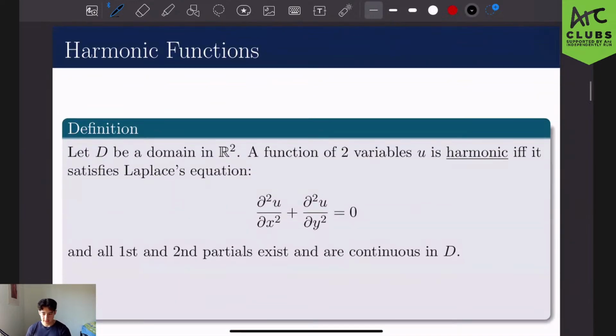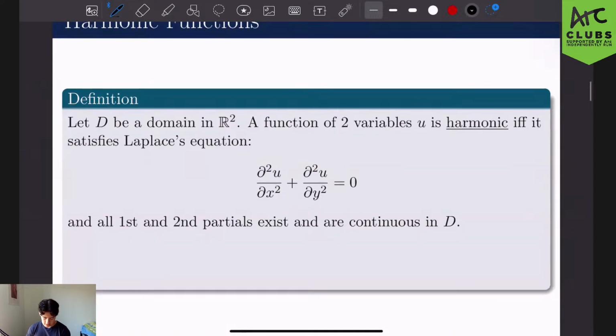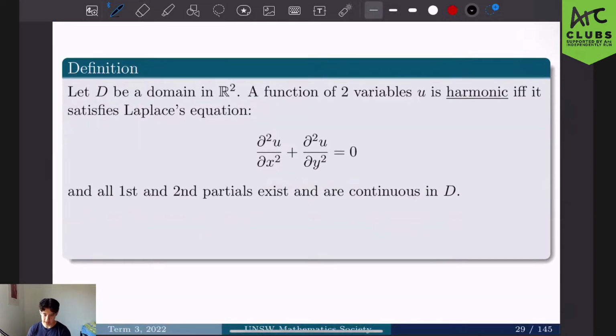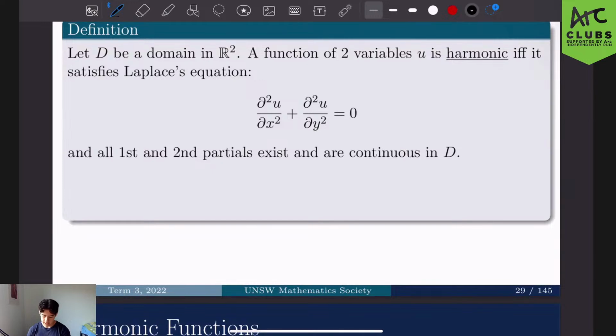Alright, next we have harmonic functions. A harmonic function just has to satisfy the Laplace equation, which is the second partial with respect to x plus the second partial with respect to y of u is equal to 0. And also that the first and second partials exist and are continuous in the domain that we are observing.